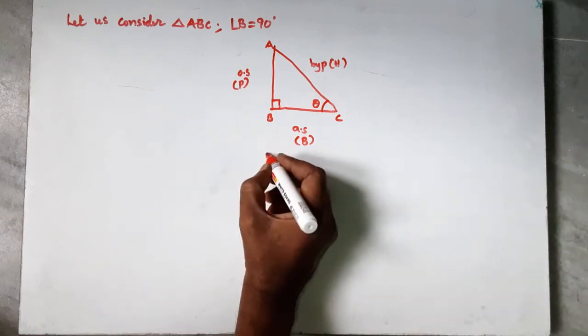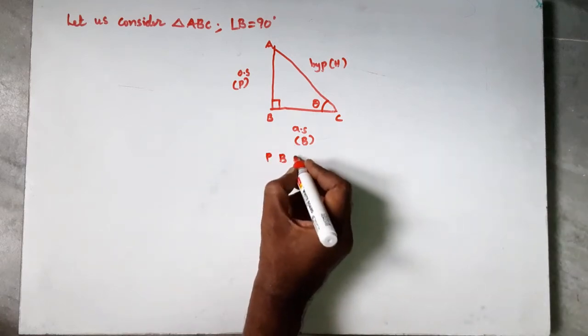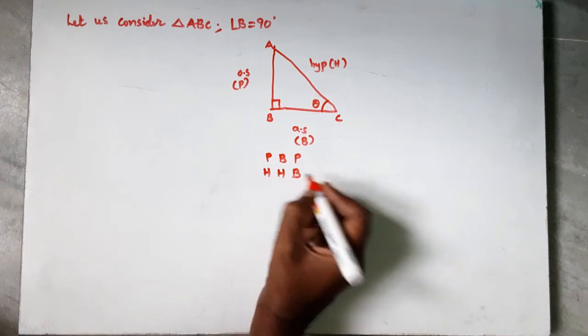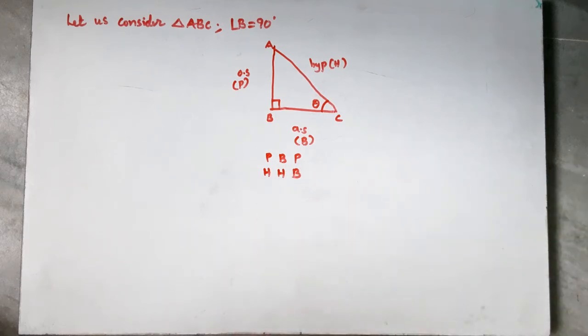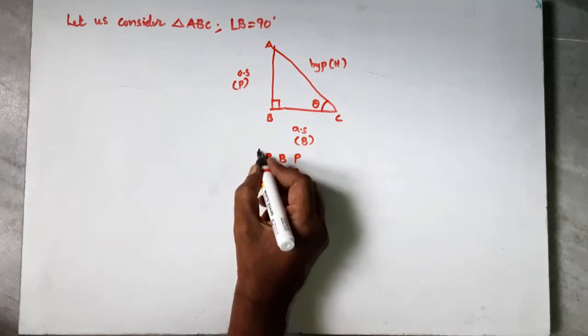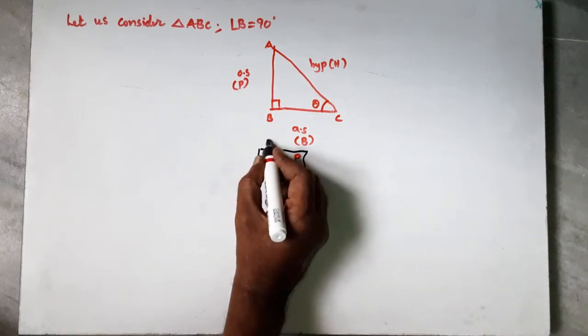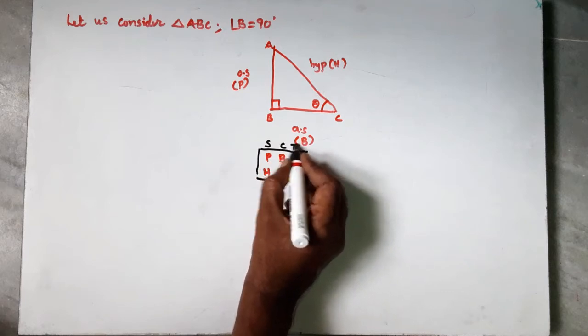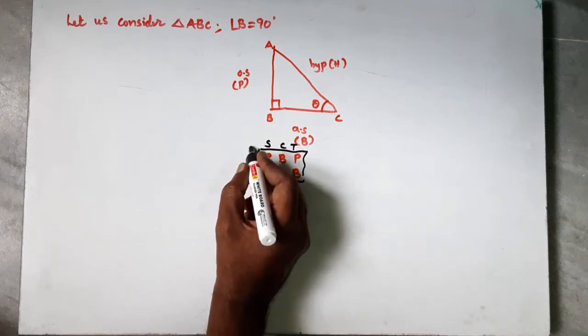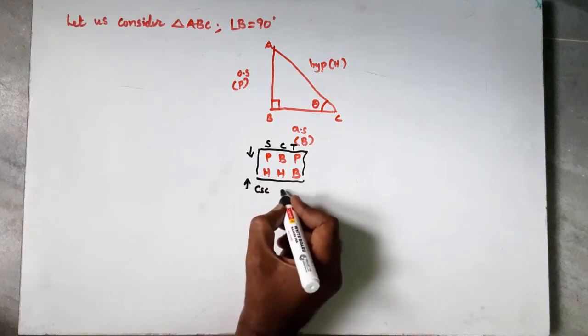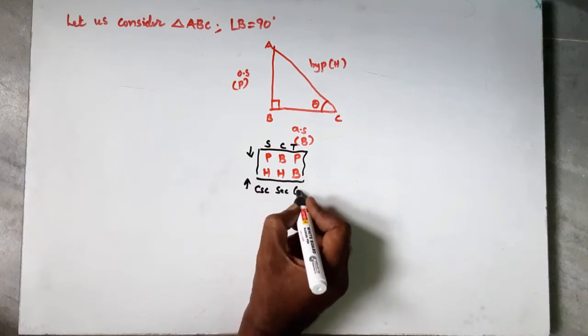Now we know "Pandit Badri Prasad Hara Hara Bole". We are going to use this trick for sine, cos and tan: sine, cos, tan from top to bottom, and from bottom to top, cosec, sec and cot.